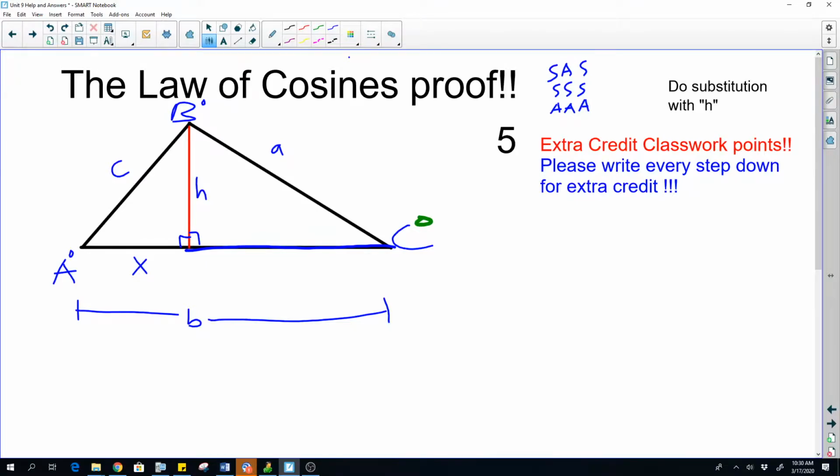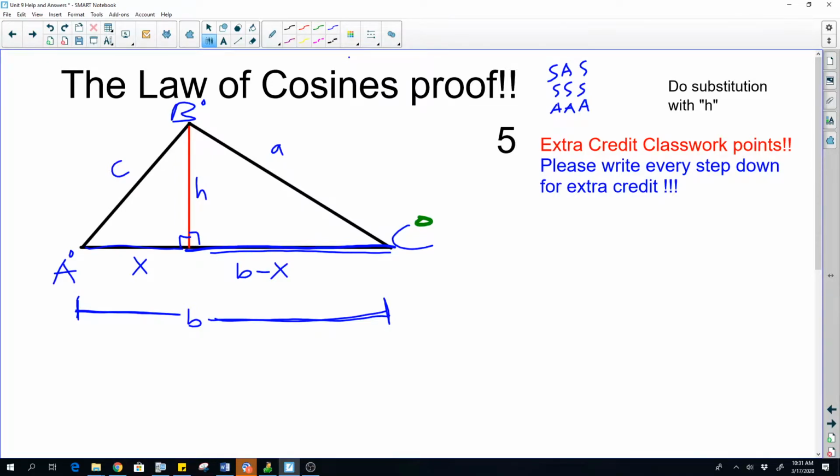If this whole distance is side length b, and this distance here was x, what would this distance be? It would be the whole distance b, take away x, and that's what's left. So we labeled that as b minus x.